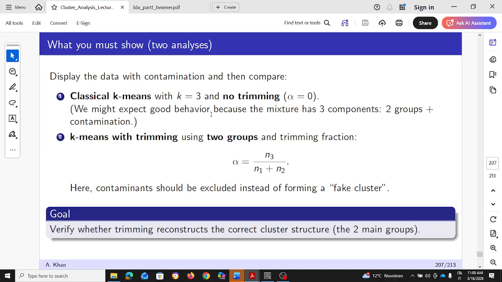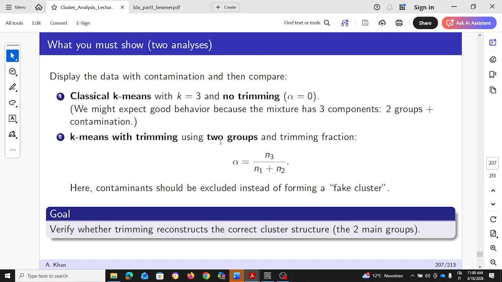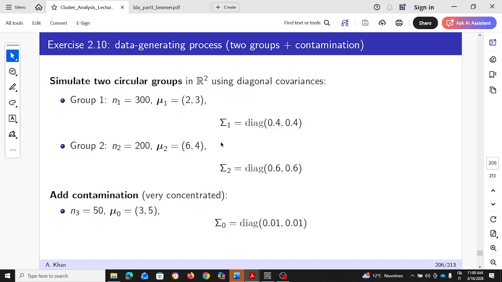So with this data, we will apply these two algorithms: k-means, the classic one, which is good for spherical clustering, and then k-means with trimming. And we see how well it separates the two original groups from the third group, which is the contaminated group. Are you with me?